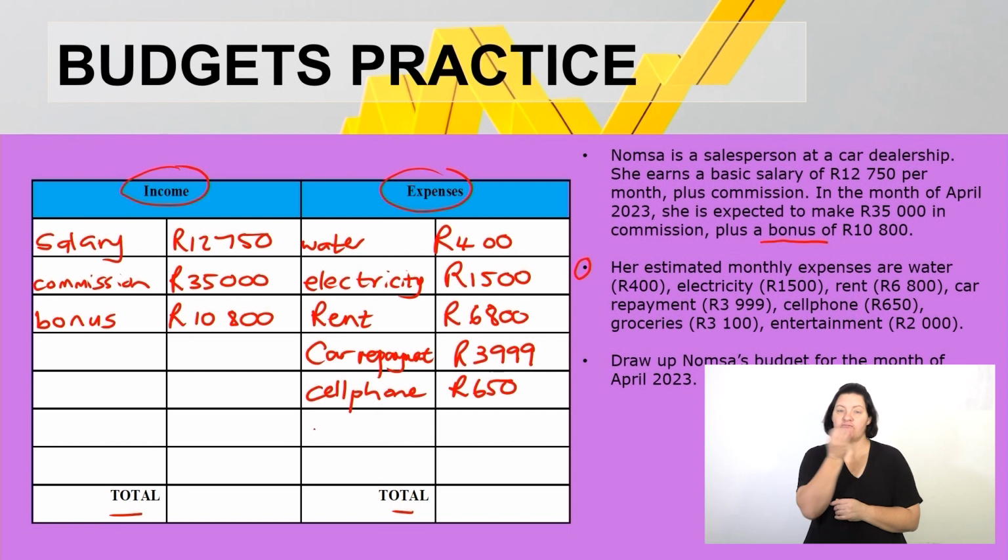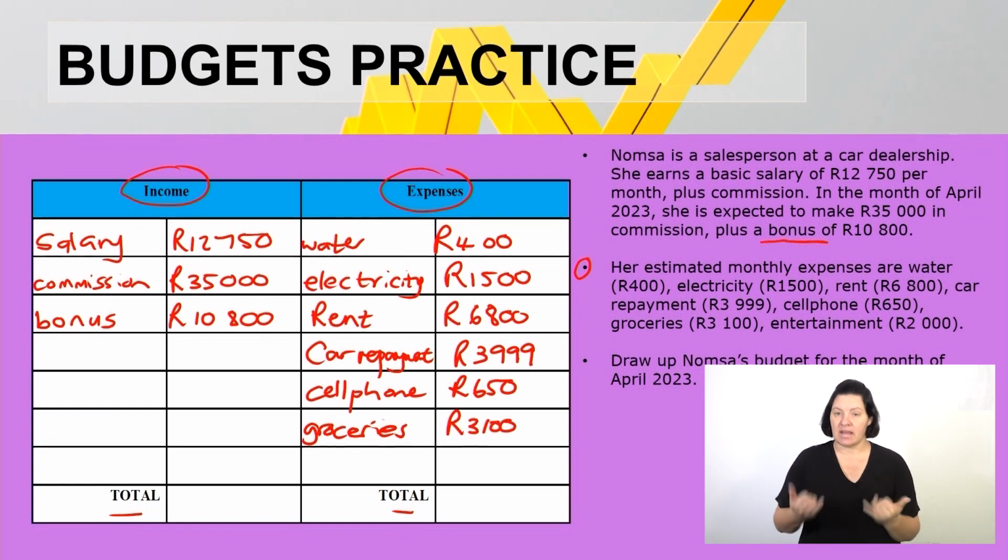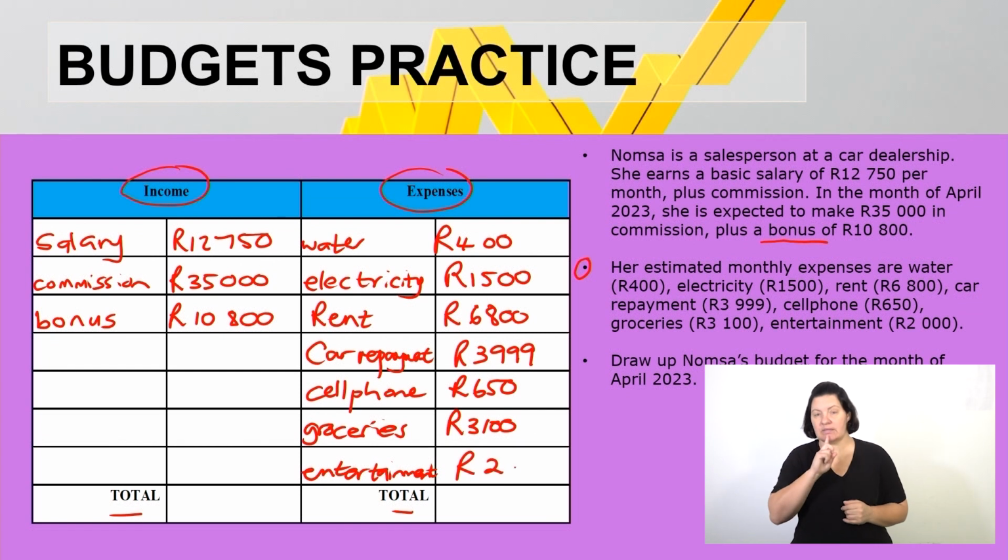And then groceries. And the groceries per month here amounts to 3,100. And then lastly, for entertainment, Nomsa will spend 2,000 Rand. So entertainment. Okay. So for the entertainment, I will add the 2,000 Rand.